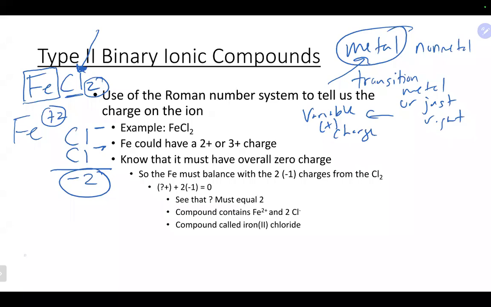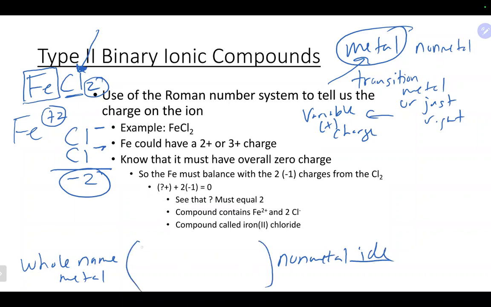How do we name these guys? We use the whole name of the metal, just like the last one. We use the non-metal that ends with the IDE. The additional thing that we do is in between, we use a Roman numeral. And it's really important that the Roman numeral is not how many metals you have, which is a very common mistake.